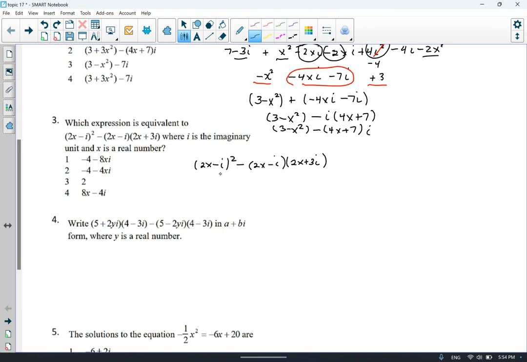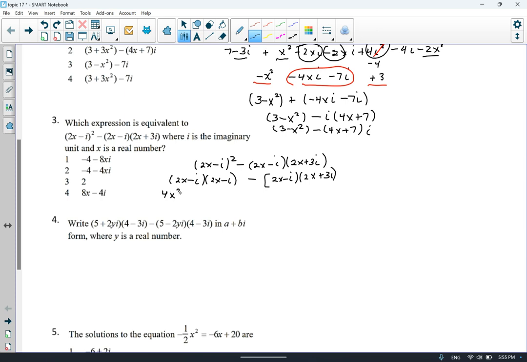So the long way, what you would do is you would expand this out. And we're going to end up multiplying it. We just have to be really, really careful because of that negative sign. You can't distribute that negative sign first. You have to follow order of operations.